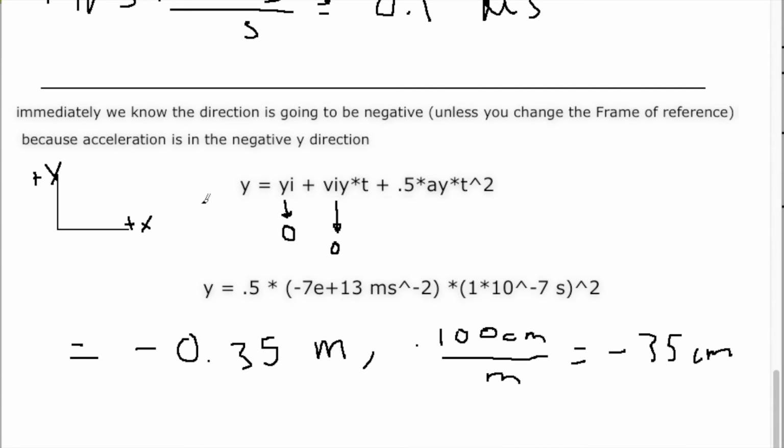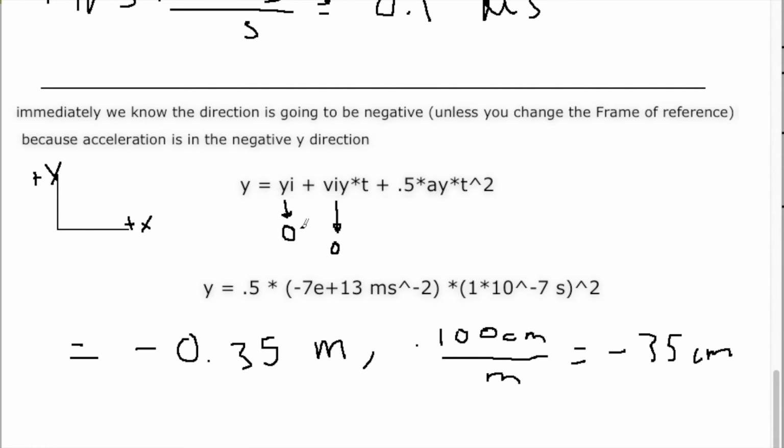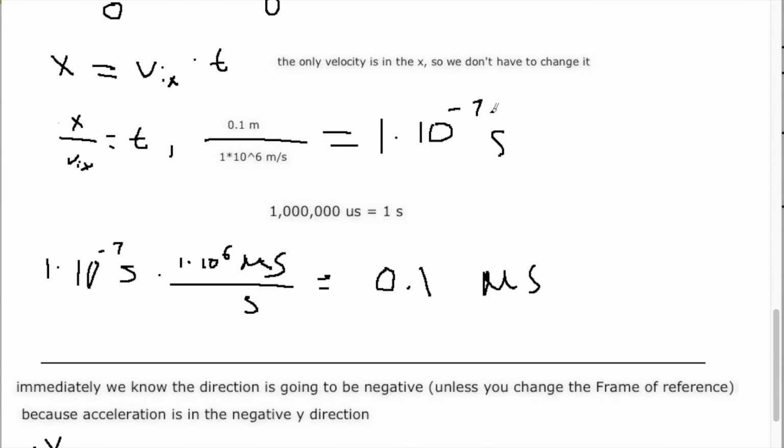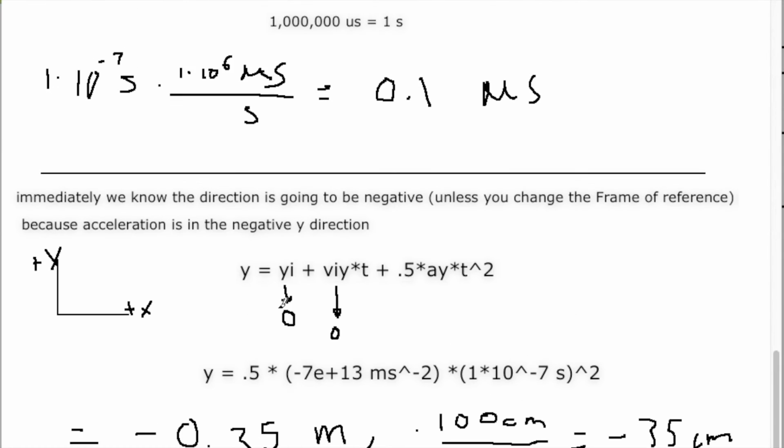So we have this y formula right here, and it has no v initial in the y direction because it says the velocity is only in the x direction. It starts at 0, so it doesn't have that. So its y final is equal to 1/2 the acceleration multiplied by the time squared. Now we've solved for the time in the previous problem in seconds, and we should use seconds in this part. And here's the acceleration. And the acceleration is negative, and it goes in the negative direction.